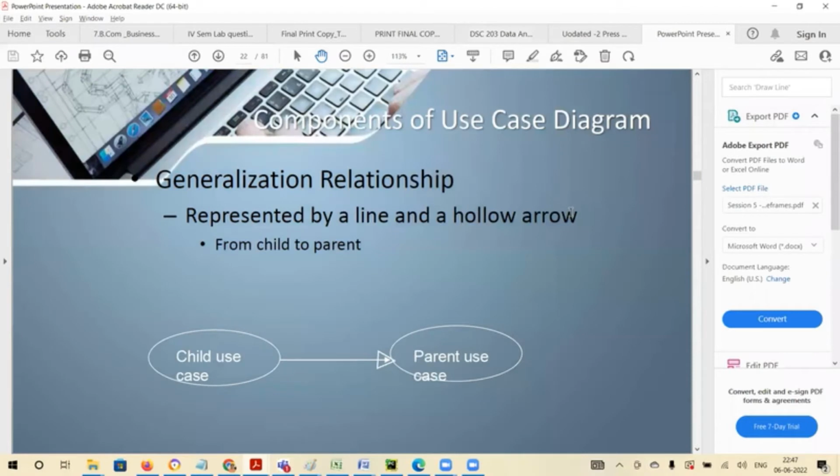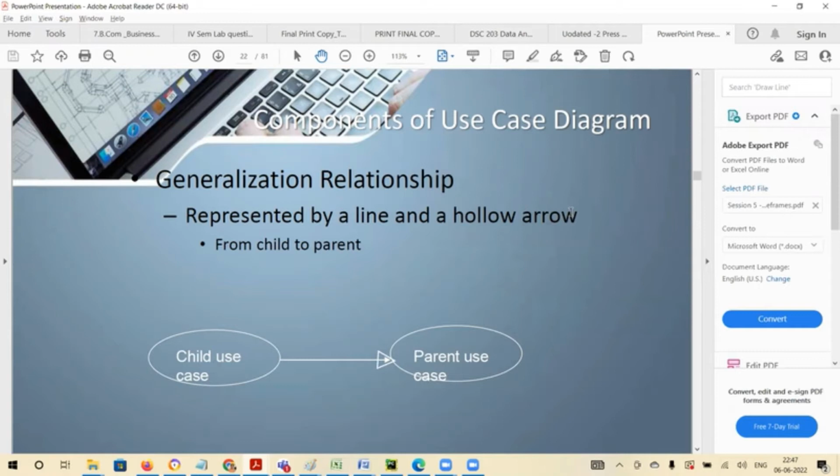So we have seen two scenarios. One scenario is where you will have to call it again and again, like balance check. Every time you say withdraw cash, it will check your balance, but you put it separately because it can be used by other use cases. The second scenario is where you will call the use case rarely, not every time.